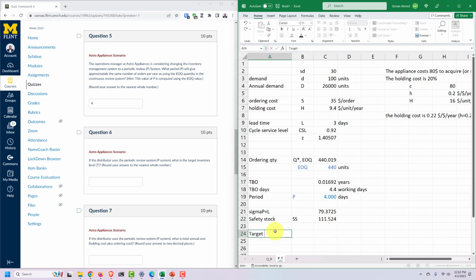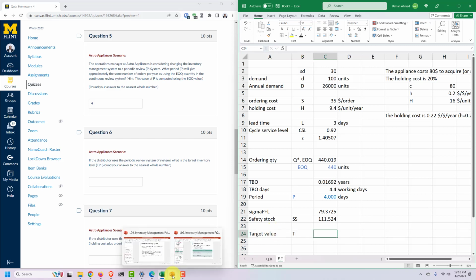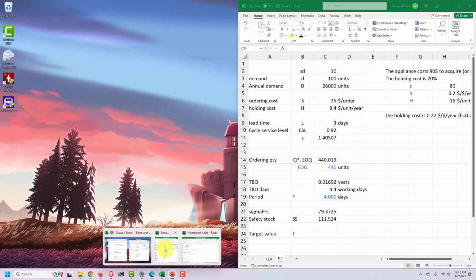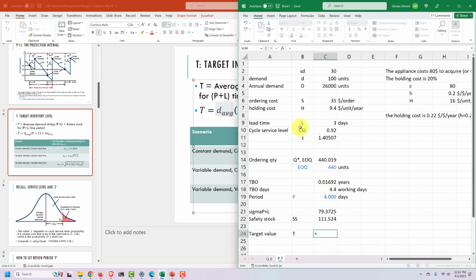Now I can get the target value T. If I go back to my slides, the formula is demand times P plus L plus safety stock. So demand is 100, small d, times P plus L, so again 3 plus 4, plus the safety stock, and that's 811.52.